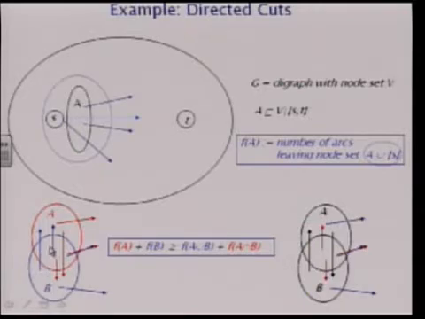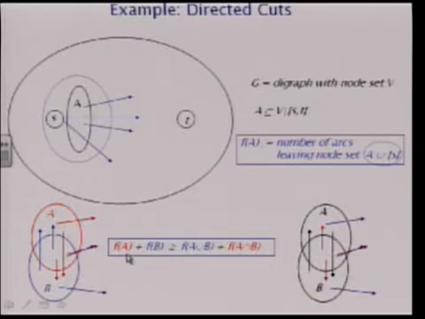This is leaving B, but directly going into A. And this is leaving A, directly going into B. So what can we say? In fact, here you can see that it only counts all these arrows like what it is supposed to be counted. But these black ones will not be counted.